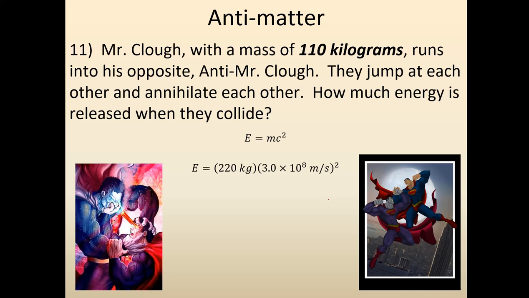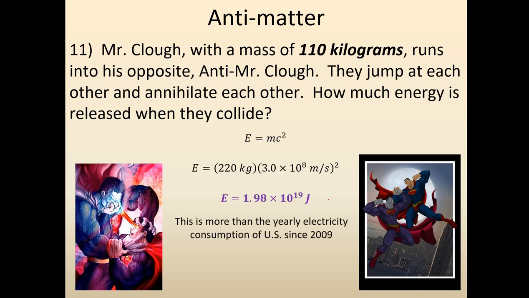So we do that, multiply it by the speed of light squared, and we get 1.98 times 10 to the 19 joules. Just to put this number into perspective, that is more than the yearly electricity consumption of the US since 2009. So this amount of energy is what is used up by the US throughout an entire year. This would be released within a fraction of a second through this antimatter annihilation.